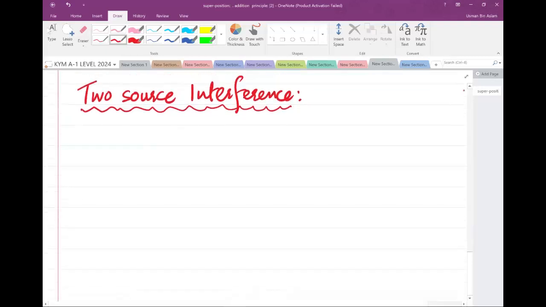A single wave cannot interfere. Interfere means a single wave cannot have its amplitude increased or decreased. So for a two source interference, of course, I'm going to need two sources of sound or of any kind of wave, because interference takes place for every kind of wave.